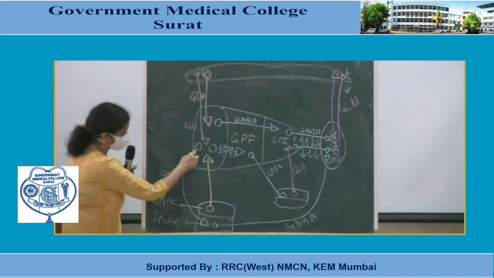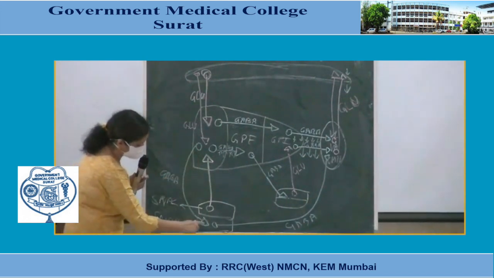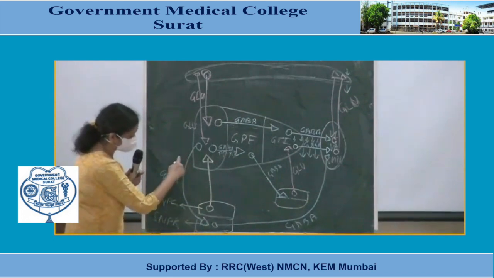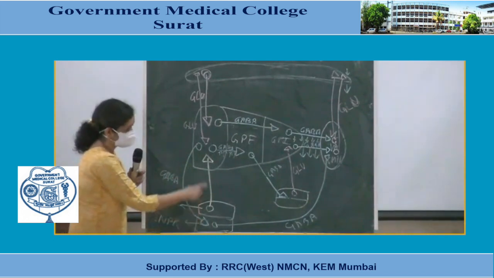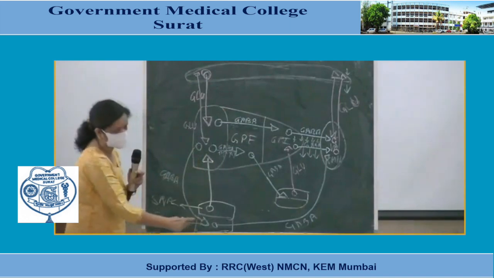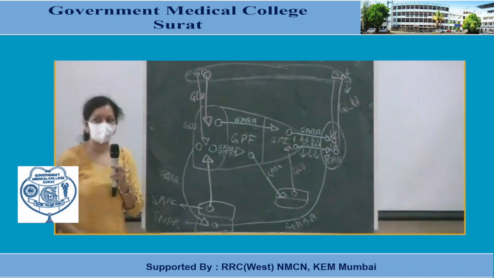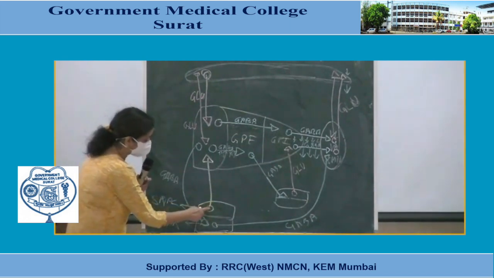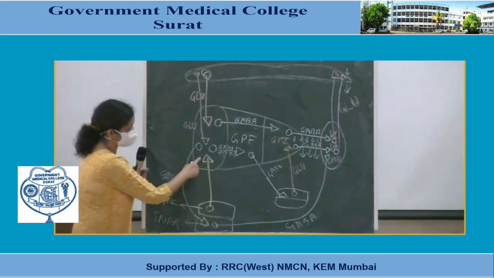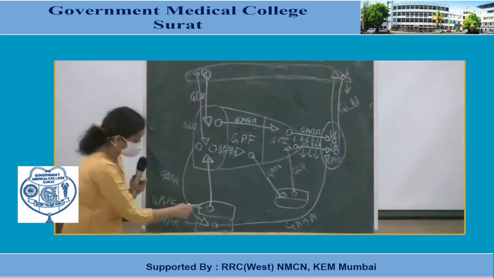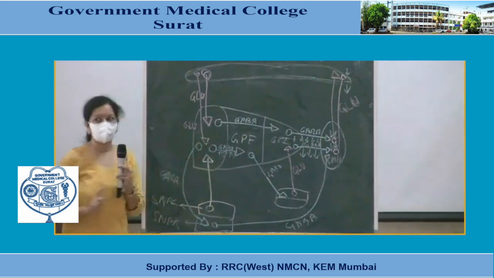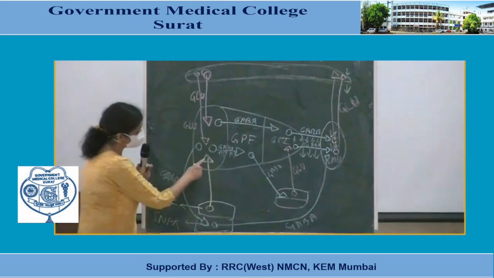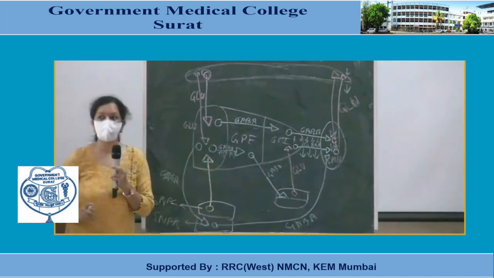The fibers which originate from the striatum and terminate in the pars reticularis are known as striatonigral fibers. And the fibers which originate in the pars compacta area and terminate in the striatum are the nigrostriatal fibers.